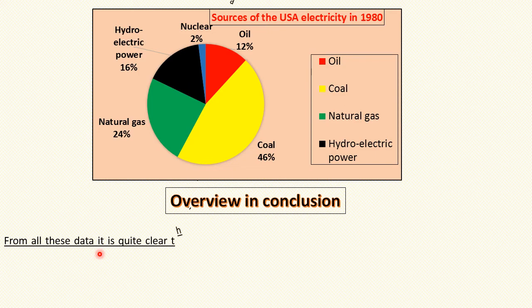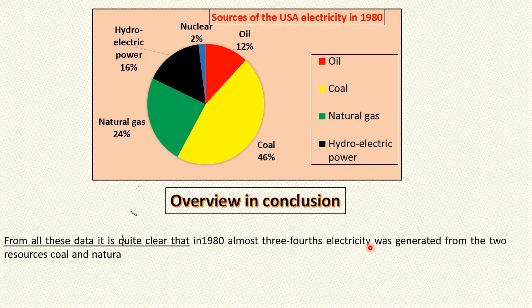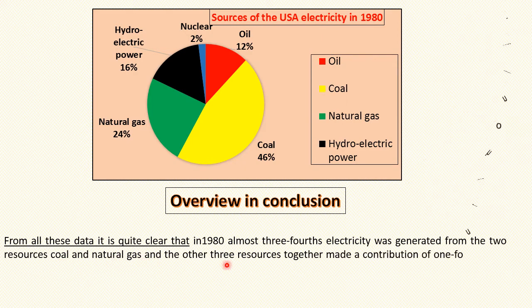From all this data, it is quite clear that in 1980, almost 3/4 electricity was generated from the two resources, coal and natural gas, and the other three resources together made a contribution of 1/4 only. And in the overview, in conclusion, there are 35 words.